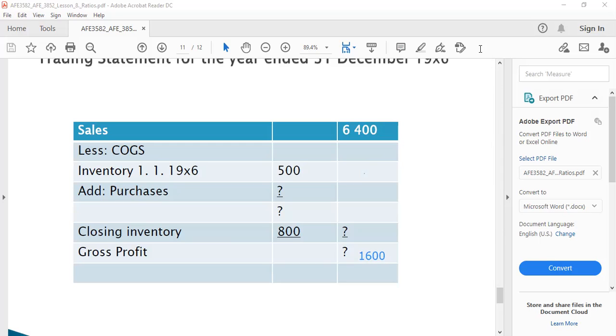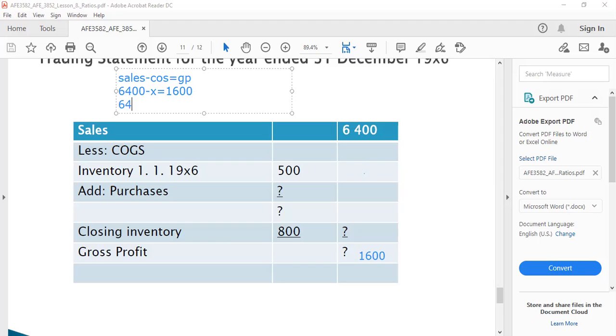So finding our cost of goods sold, we know that sales minus cost of sales will give us gross profit. In this case our sales is 6,400 minus X, which we are not given, equals 1,600. So we are making X the subject of the formula.